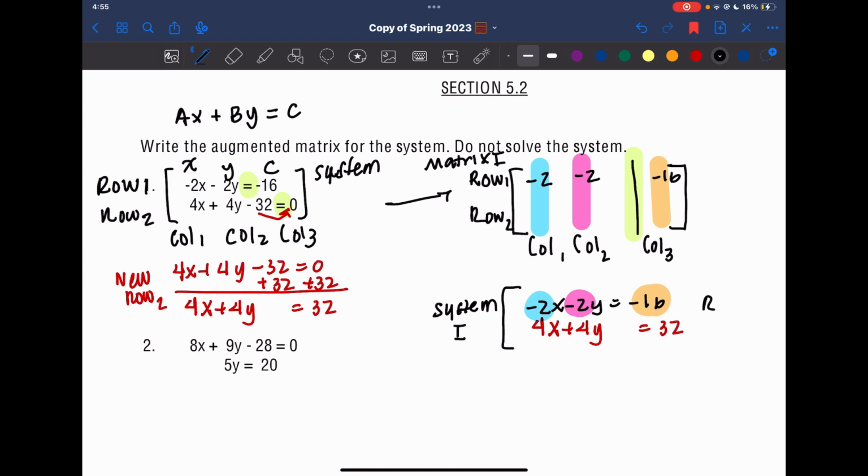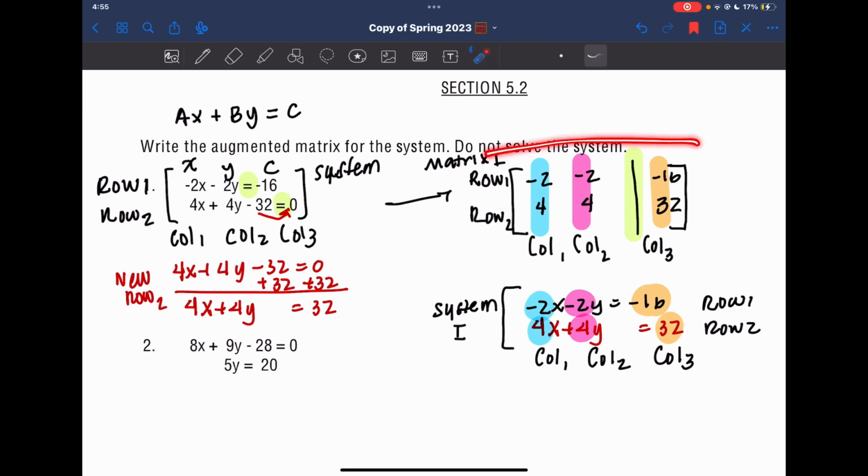Recall that this is row 1, and row 2, column 1, column 2, and column 3. So those are the coefficients of row 2. And then that's the constant. And we're going to write that in. 4, 4, 32. And that's how you augment a matrix. This right here is your solution.